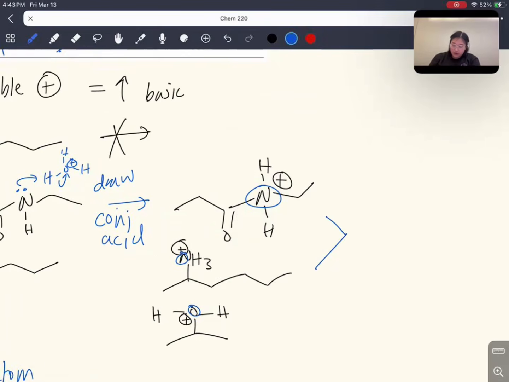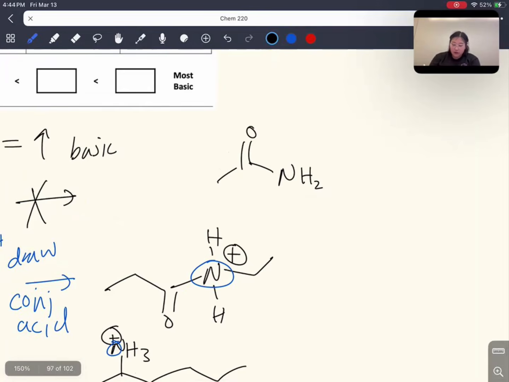The thing about amides is that amides are actually a little acidic. The reason is, as I showed before, amides have a resonance structure where if you push the N in, you end up with a negative oxygen and an N=C double bond.